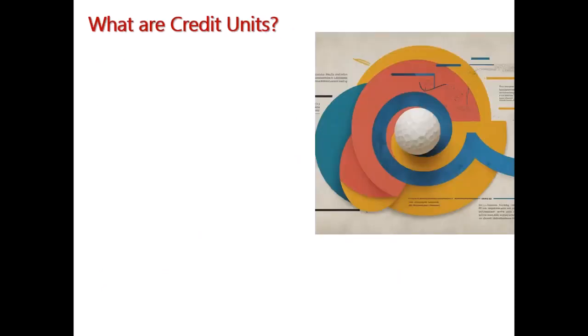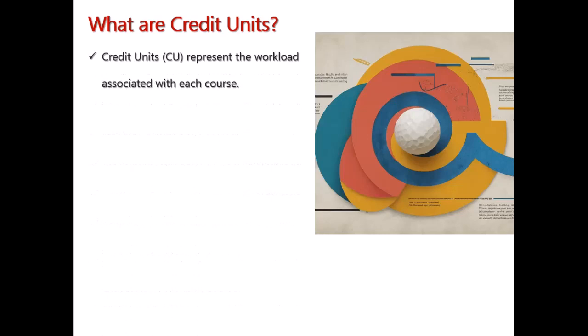So let's look at another term which is referred to as credit unit. So what is credit unit? Credit unit, which is often shortened as CU, represents the workload associated with each course.